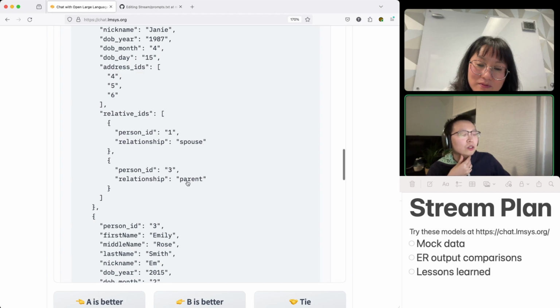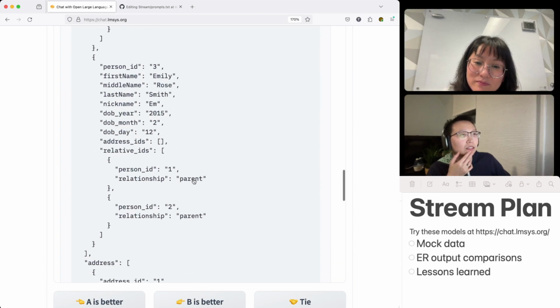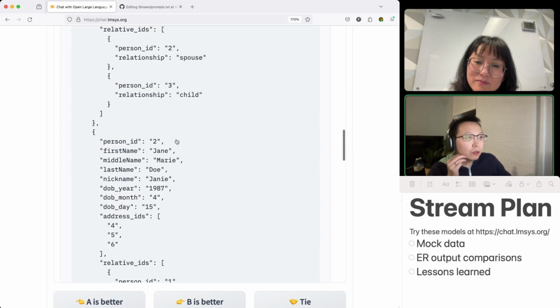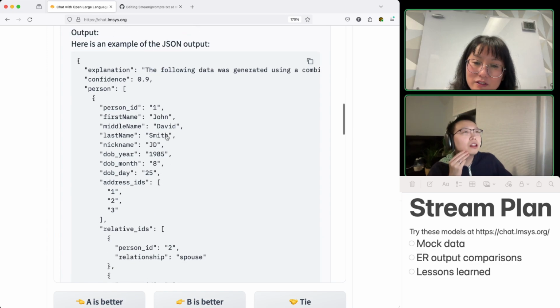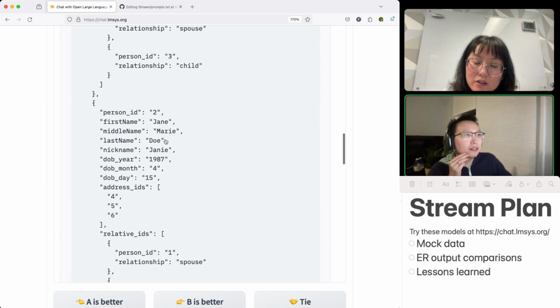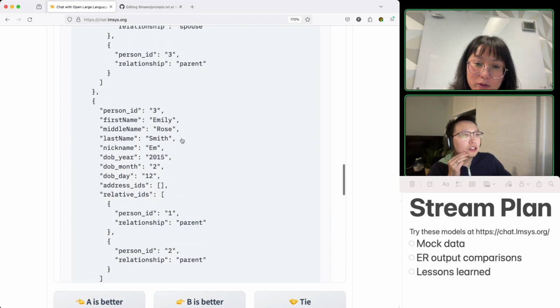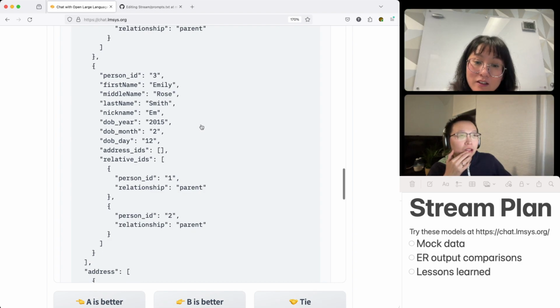This is the one that's off. The relationship here should be child. But the child's last name is Smith. Their last names were different. It was Smith and Doe, and the third one, the child, is Smith. Oh, okay, that's feasible, right?